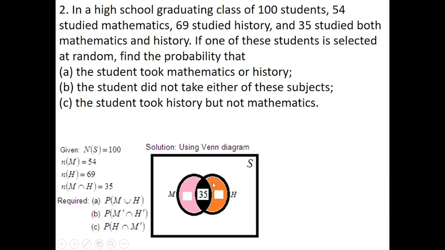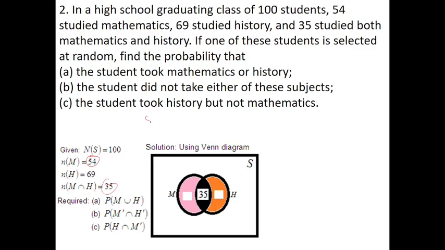Tapos, doon sa naka-pink, i-minus natin, ang total kasi ay 54, right? Total is 54. At kung 54 lahat na nagmamath, yung iba doon nagtitake ng history na 35.